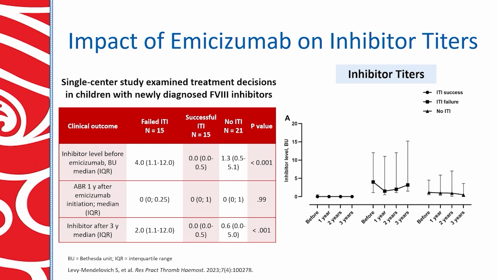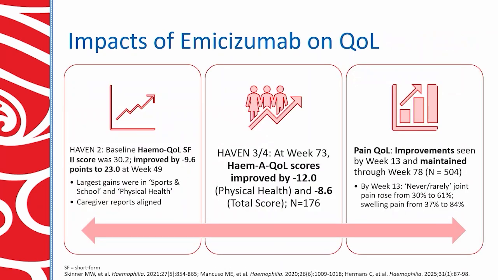And over time, sometimes the inhibitor might also disappear. I don't know what the chance of a spontaneous disappearance of the inhibitor is, but we will see. And bleeds are well controlled with the factor VIII mimetics, as we know from emicizumab.